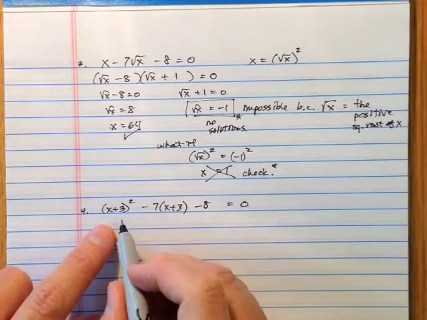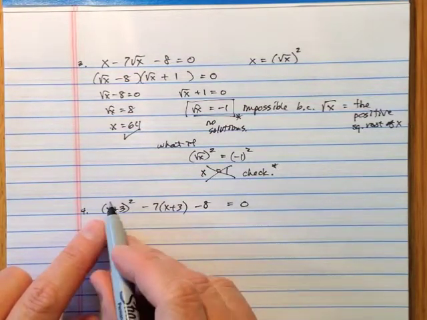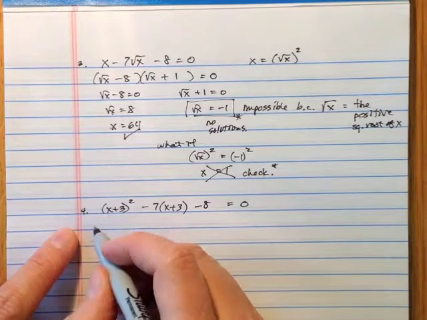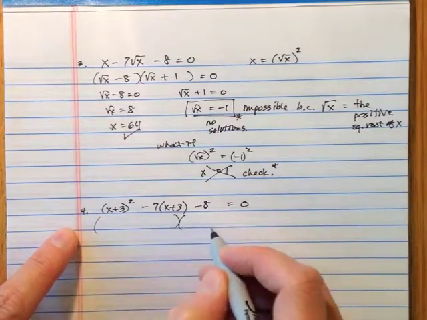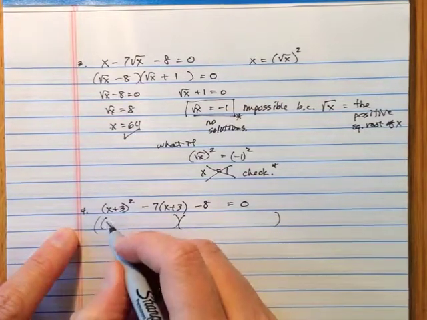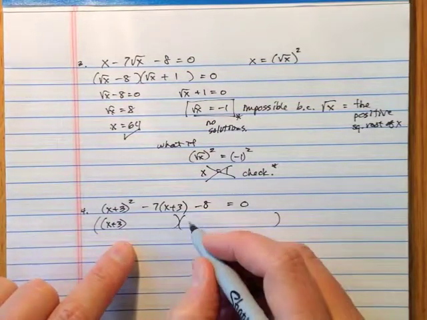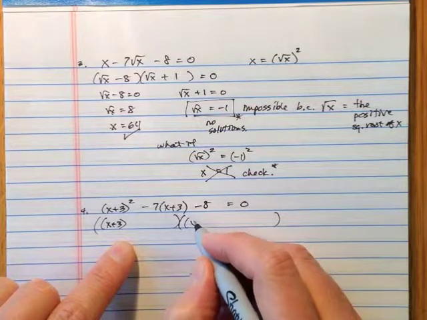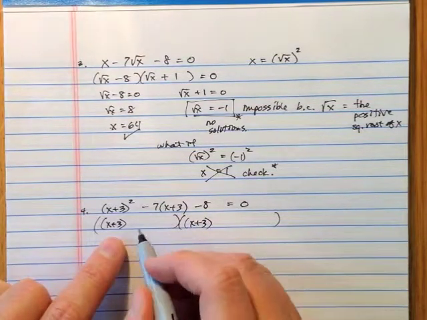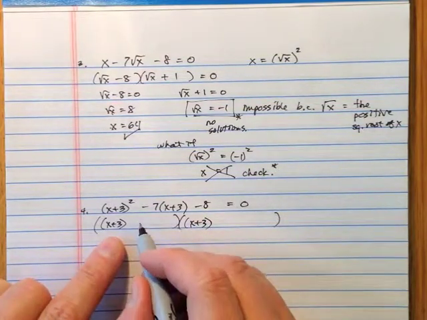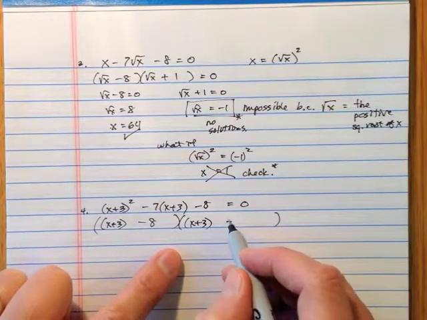But in fact, because this term is the square of that one, this must be just like the previous problem. This is like number 1 again, with the x replaced with x plus 3. So I already know how to factor this. It must be x plus 3 minus 8 and x plus 3 plus 1.